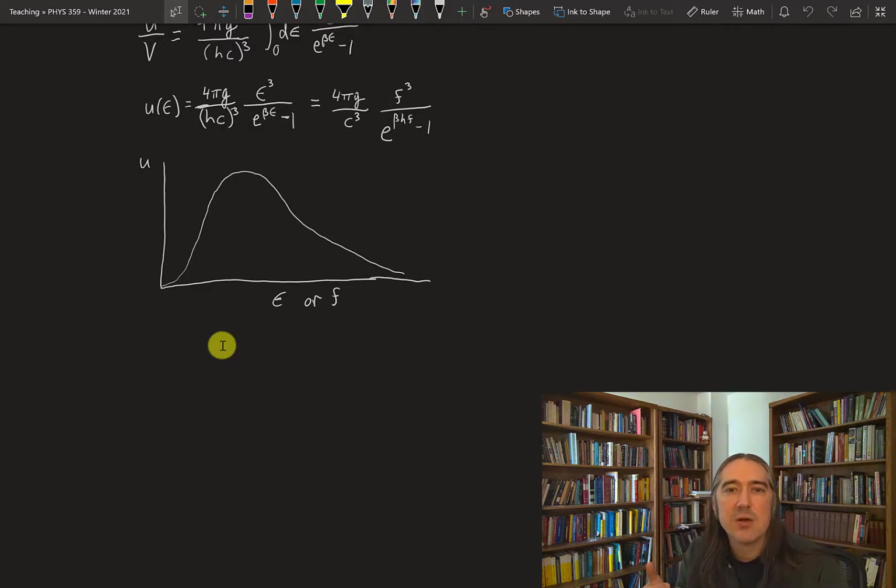And so if you take light from the sun and run it through a prism, and then measure the brightness of the different spectral lines, well, you'll see a continuum, not discrete spectral lines for the most part, and that continuum will have this shape as a function of frequency. So that's the black body spectrum.